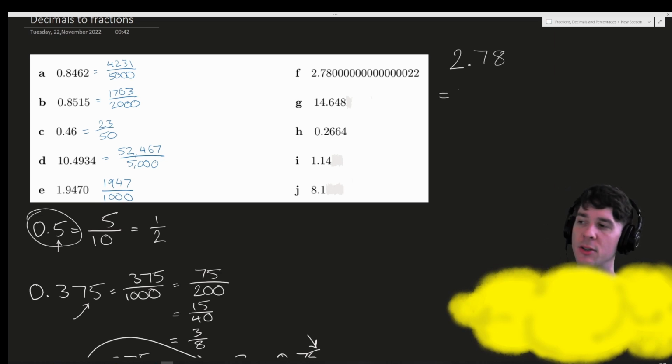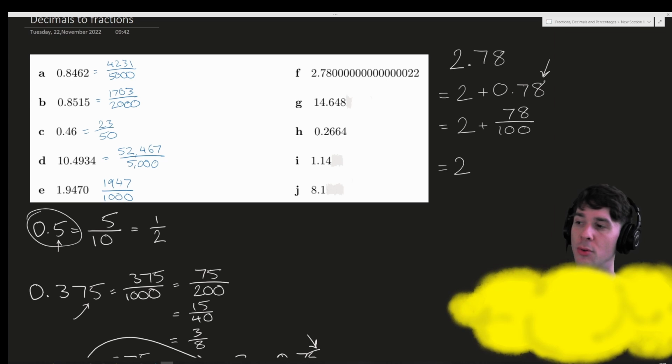I'm going to split that into 2 and 0.78, and I'm going to convert the 0.78 to a fraction. Now, the smallest place value is the 8, which is in the hundredths position. So we will write 2 plus a fraction over 100, where the numerator is just 78. We can simplify that fraction.